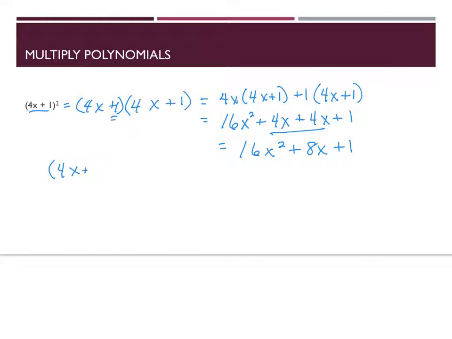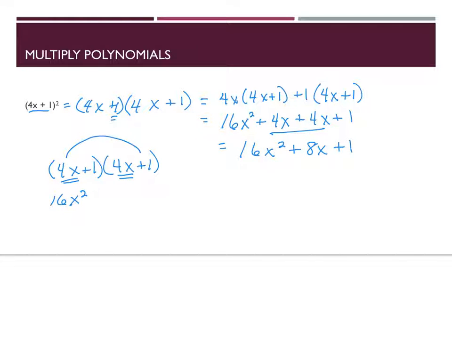Now if I want to try to do the FOIL method, it makes you do a little more in your head, not write out as much. First, 4 times 4 is 16, x times x is x squared.